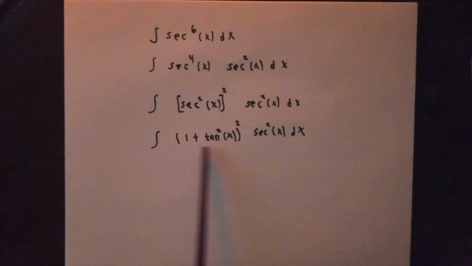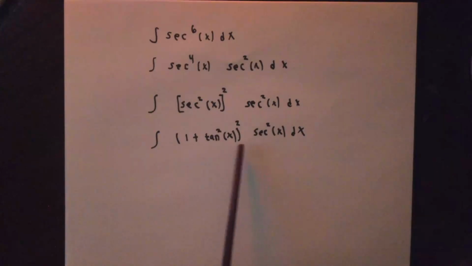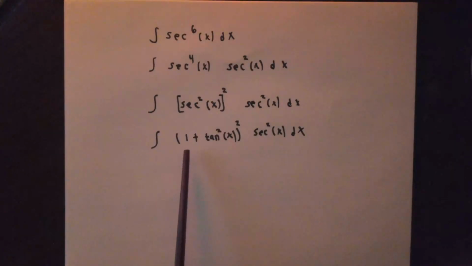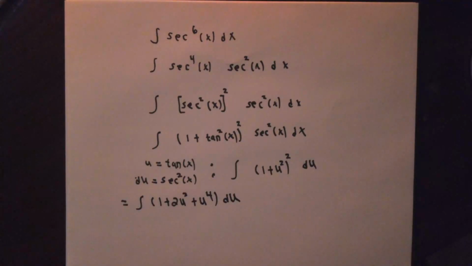In this part of the integral, there's nothing but tangent of x's. The derivative of tangent x is secant squared, so this suggests an obvious substitution. At this stage, hopefully everyone can see that this integral is easy to do.